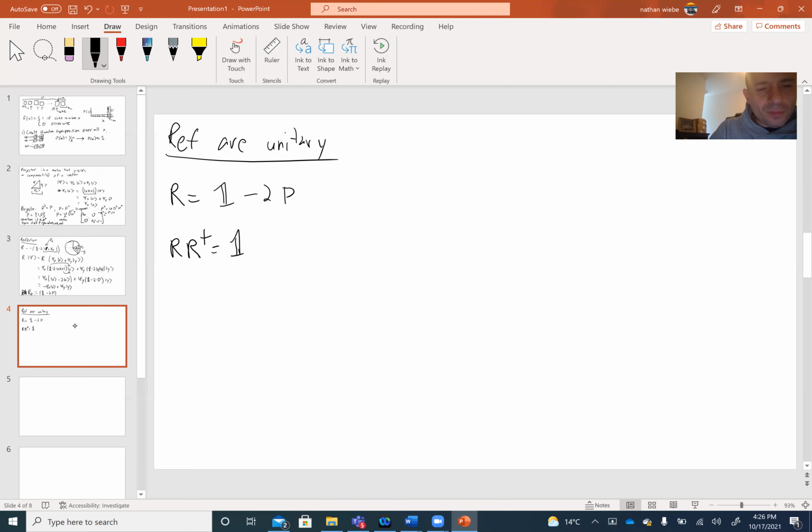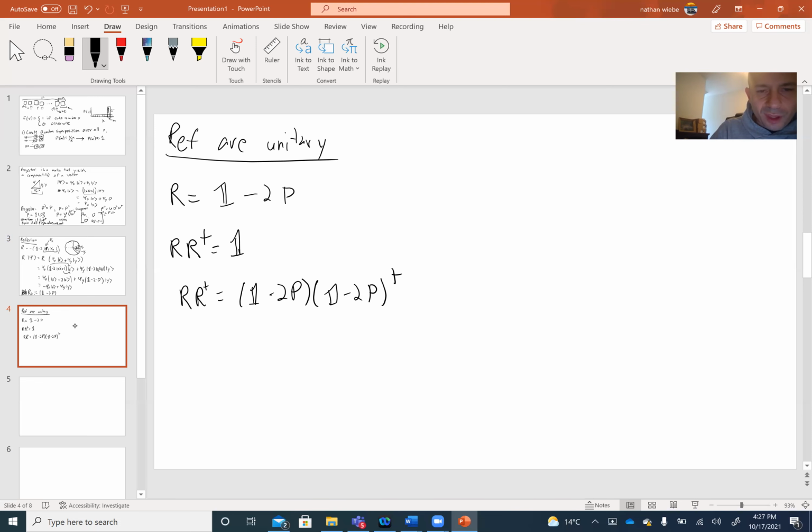So in order for us to evaluate this, we just need to plug this in. R dagger R is equal to identity minus twice the arbitrary projector, times identity minus 2 times the arbitrary projector, dagger.